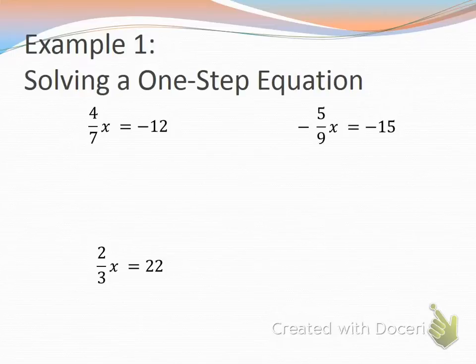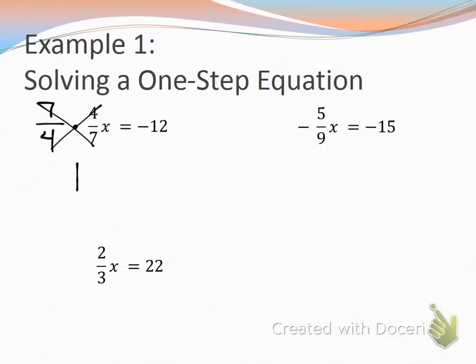So now here's how it looks in example 1. I have this equation, 4/7 x equals -12. Well, my goal still is to get x by itself. So I need to get 4/7 to cancel. Well, we just said that we can get it to cancel by multiplying by the reciprocal. So what's the reciprocal of 4/7? 7/4. These cancel, and yes, I want you to physically show that they cancel. They cancel to 1, but do I have to write the 1x?